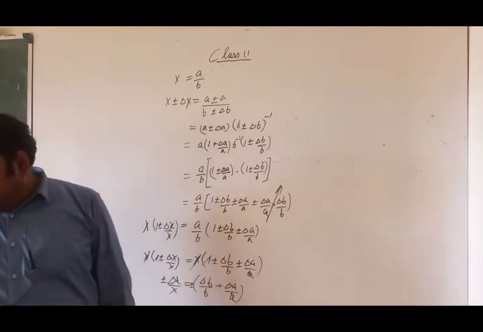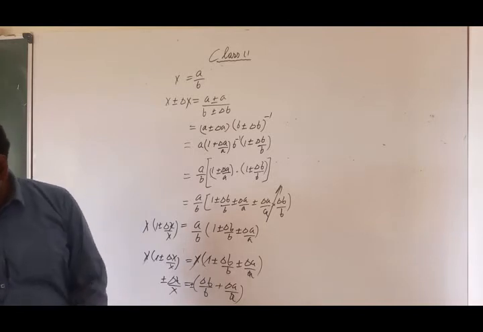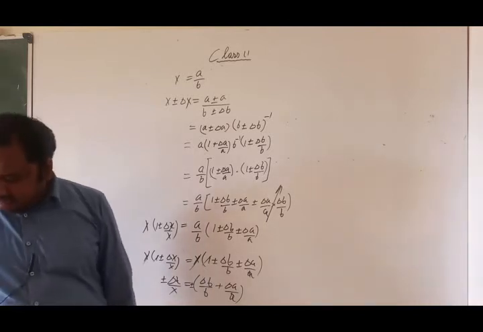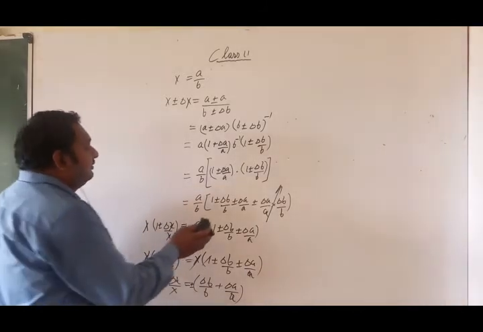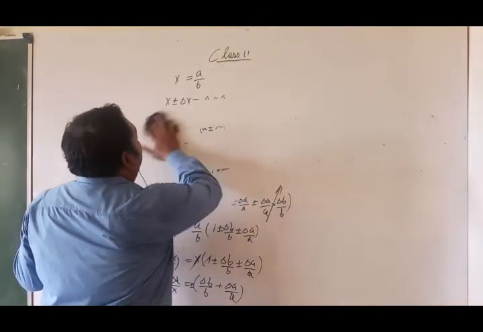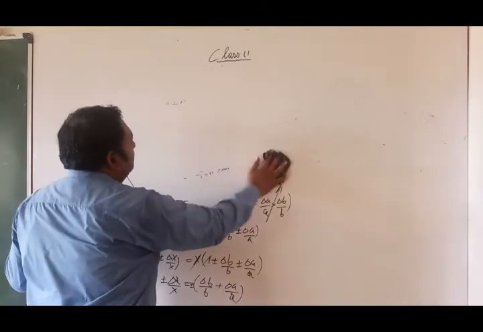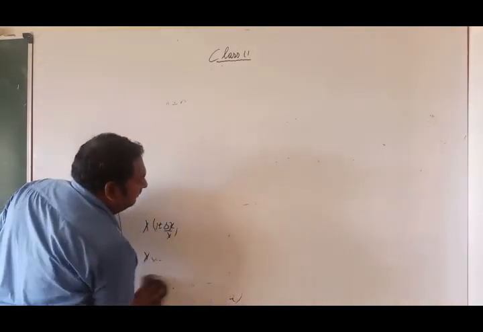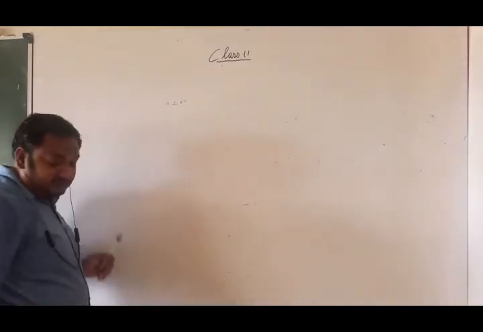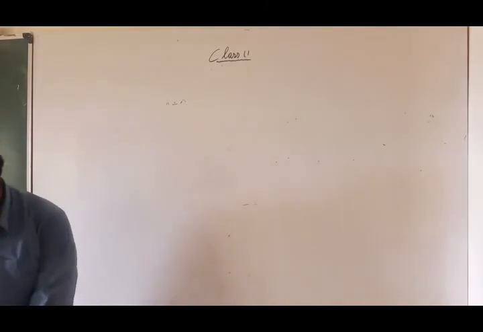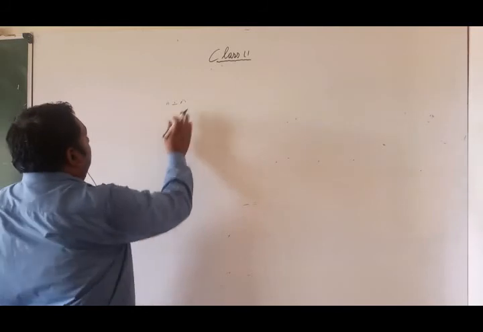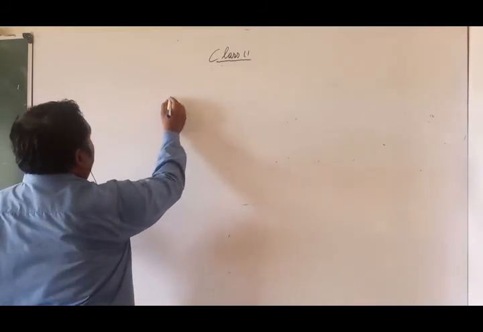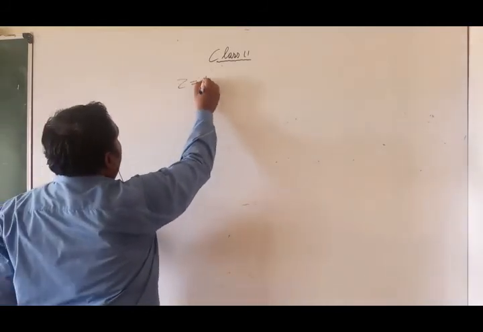Now a third thing comes: the error in the case of measured quantities raised to a power. So there is a third case. If we have measurable quantities which are raised to some power, suppose we have z equal to a square.